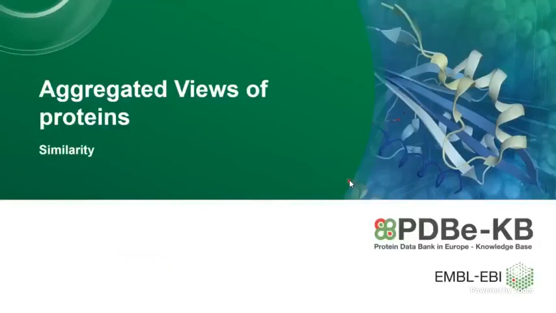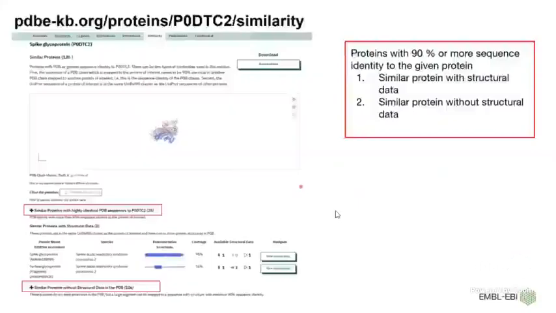Moving on to the similar proteins, or similarity information, in the aggregated view of proteins. This is how the similarity page looks. Here you see proteins with 90% or more sequence identity to your protein of interest.